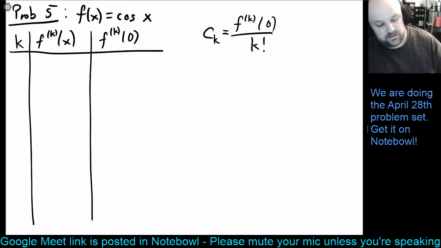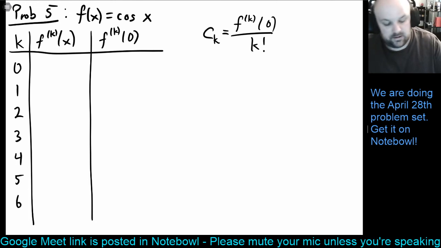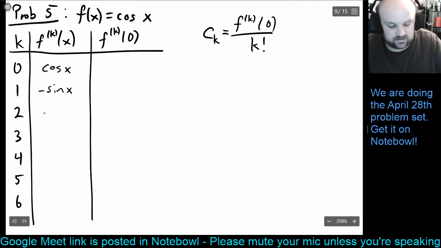So we can do a few of these, as many as we need. So let's see. Remember, the 0th derivative is the function itself. And we go to minus sine of x, minus cosine of x, sine of x, cosine of x, right? And it's just going to start repeating here.